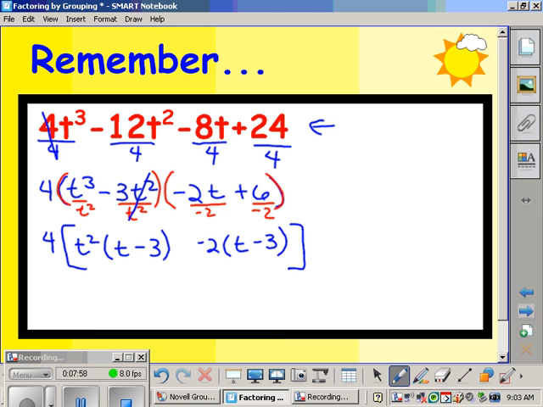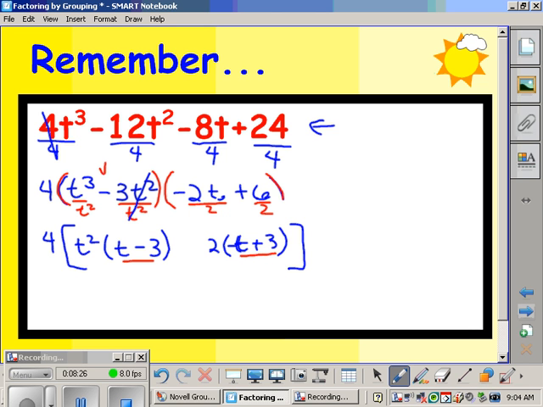If you would have factored out a positive 2, let me show you what that would have looked like. So if we would have factored out a positive 2 instead of a negative 2, we would have had 2 on the outside, and then a negative t plus 3 on the inside. But in this case, can you see that the binomials do not match? And it's very important that they do.